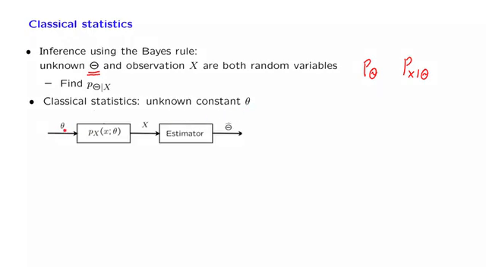There's an unknown quantity that we wish to estimate, and we make some observations x. Those observations are random, and they are drawn according to a probability distribution, and that probability distribution depends, or rather is affected, by that unknown quantity.